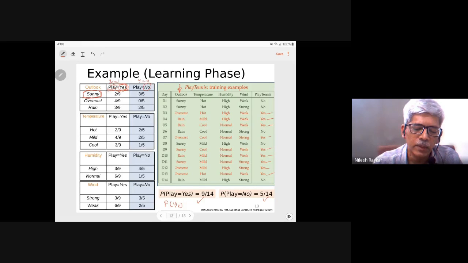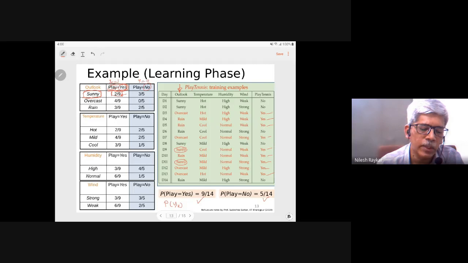We already have seen that the days on which you are playing tennis are 9. So the denominator is 9, and the numerator is, out of those playing days, how many days are sunny. You have to count how many days are sunny. Out of these yes days, which are marked in red for convenience, this is a sunny day and this is a sunny day. So this becomes 2 by 9.